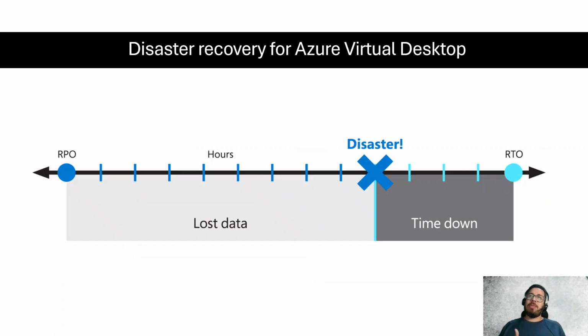Also, another advantage that we have with Azure Virtual Desktop is the capacity of disaster recovery. We can recover the data from pretty close to the moment of the disaster and take the environment up again really fast. There are multiple configurations around Azure Virtual Desktop, but we can have a disaster recovery environment through those devices.